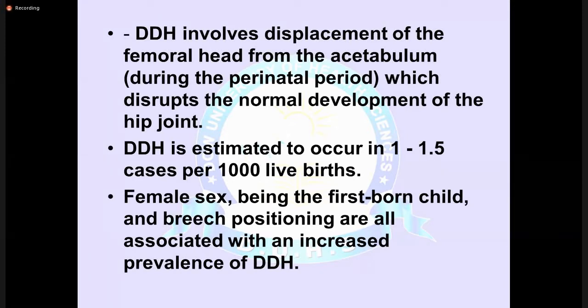Okay, so females are more prone to develop DDH, as are firstborn children and breech positions. These are all associated with an increased prevalence of DDH, and a positive family history also carries a chance of up to 10% of developing developmental dysplasia of the hip joint.